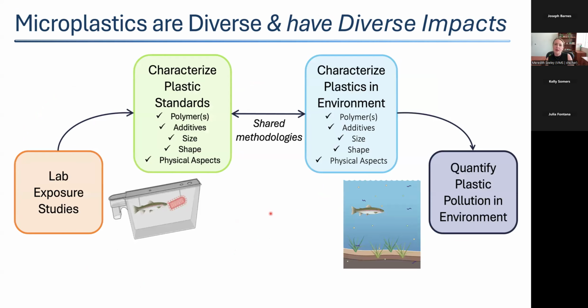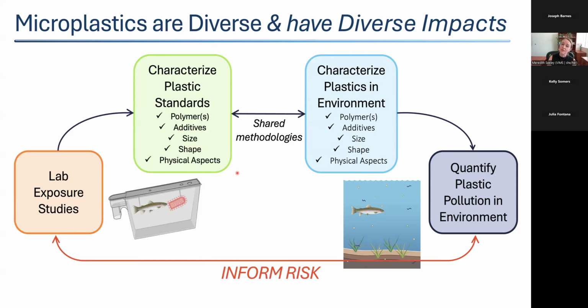So, when we think about microplastics and their impacts in these different systems, when we try and match up these lab exposure studies to what's in the environment, it's really important that across both of these types of experiments and surveys, we're testing a variety of different particle parameters, including these size, shape, physical aspects. When we do that, we can start to look actually at informing risk for different systems.